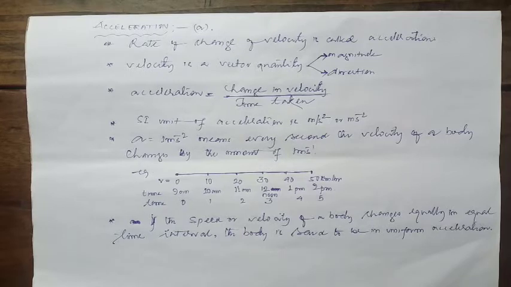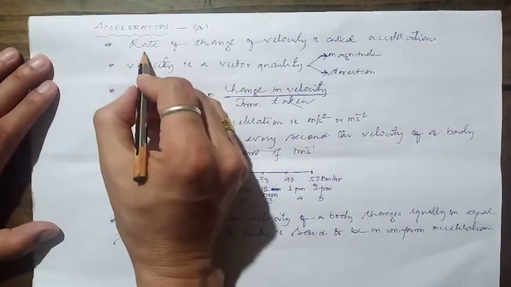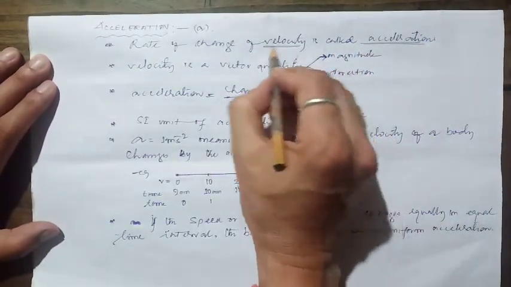More precisely, if the speed of the car is increasing, we say the car is under acceleration. If the speed of the car is decreasing, we say the car is in deceleration. So how do we define acceleration? Technically, this is how we define it. Rate of change of velocity is called acceleration. Students, you know what velocity means.